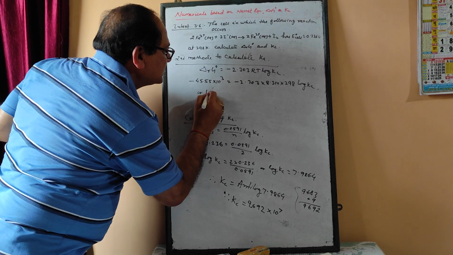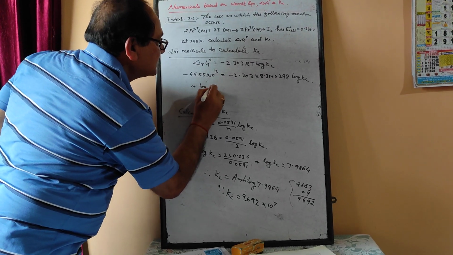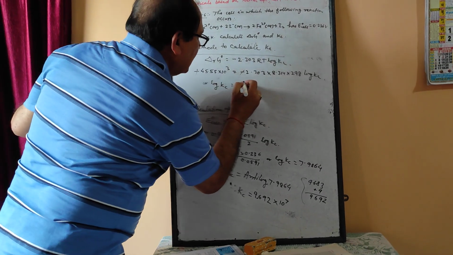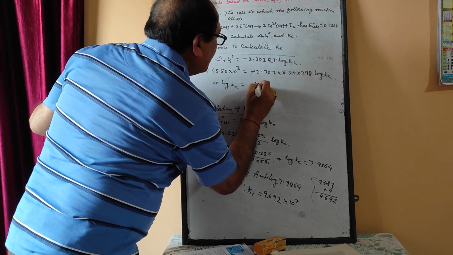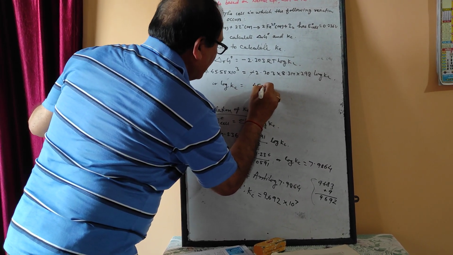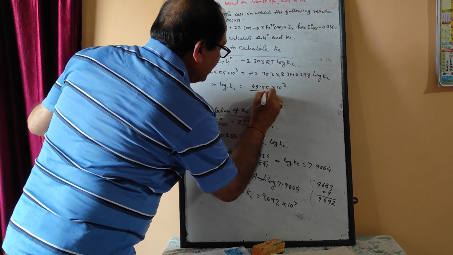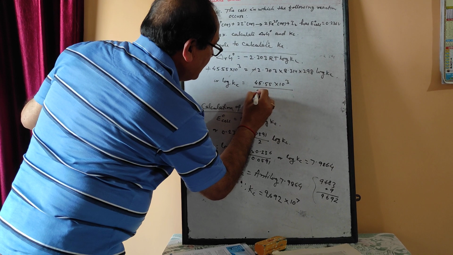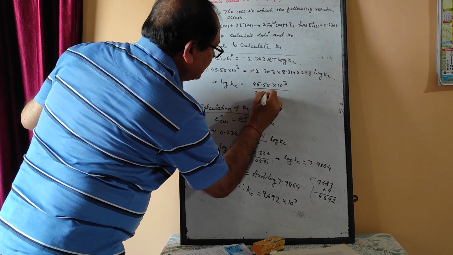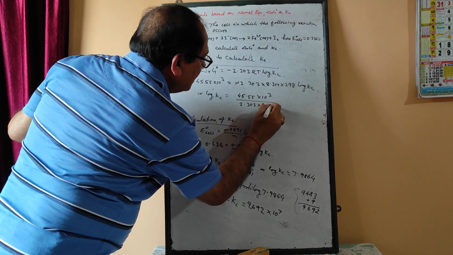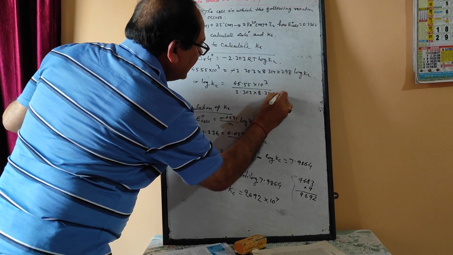Or log Kc is equal to, this minus will be cancelled out. So that will be 4555 into 10 to the power 3 divided by 2.303 into 8.314 into 298.